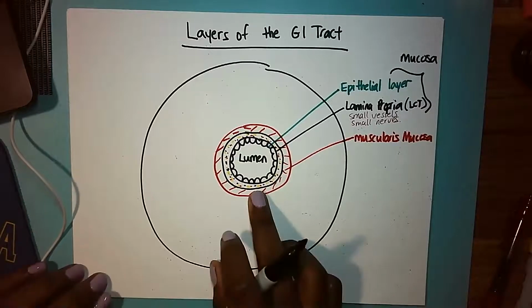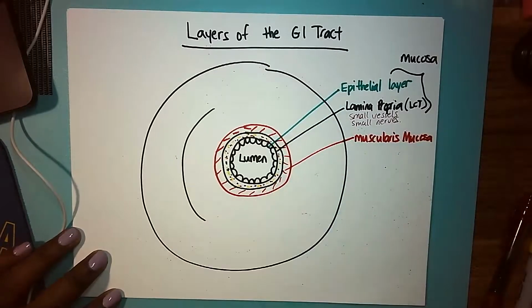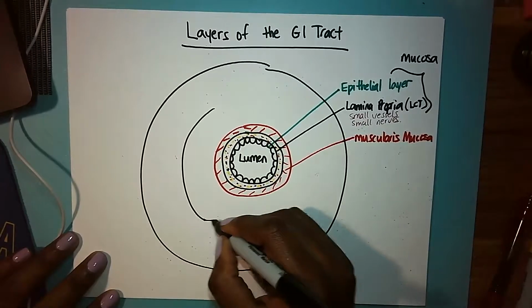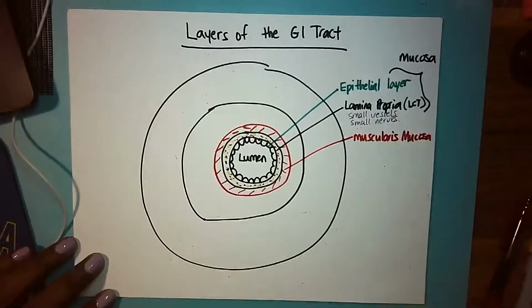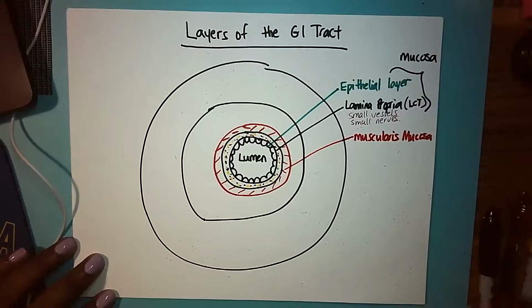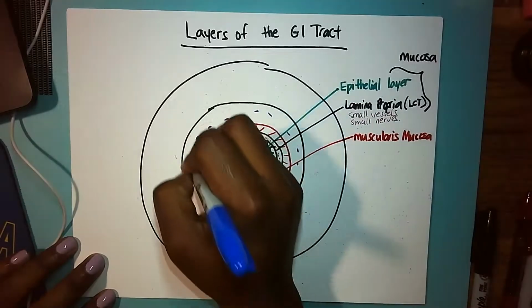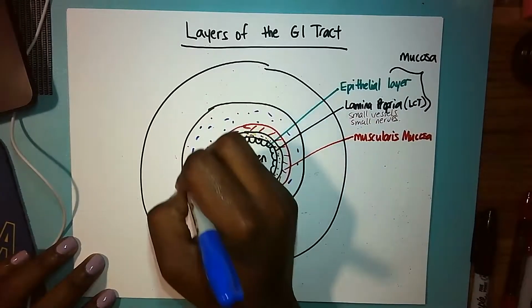Okay. Now, outside of the mucosa, we have the submucosa. And the submucosa is another layer that has other arteries and veins and nerves. Now, these are the nerves that are actually moving the tube.